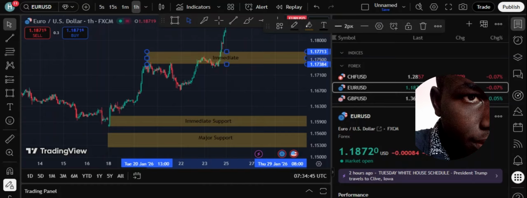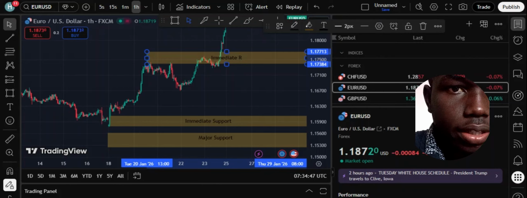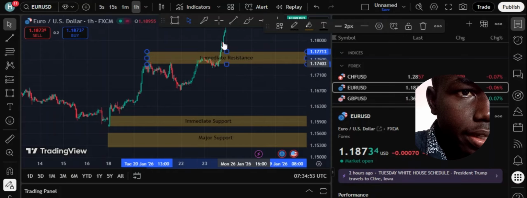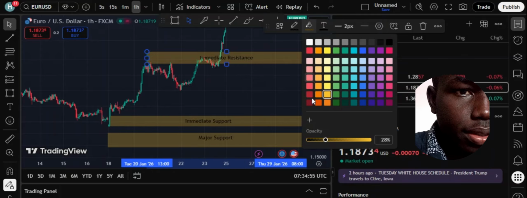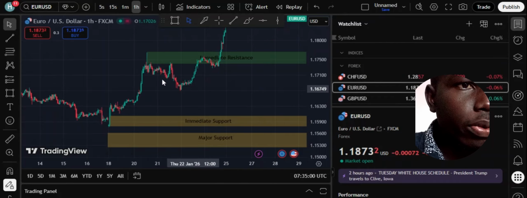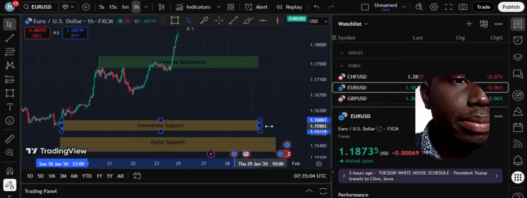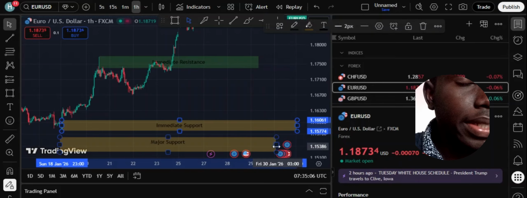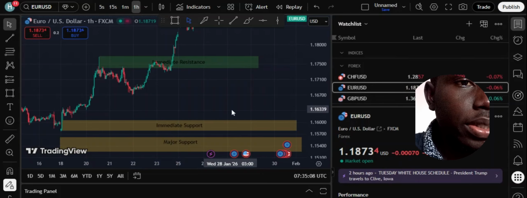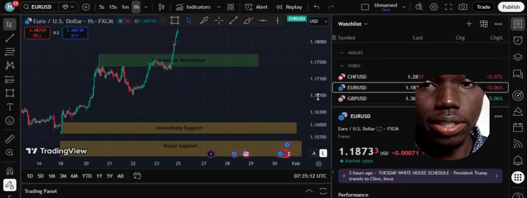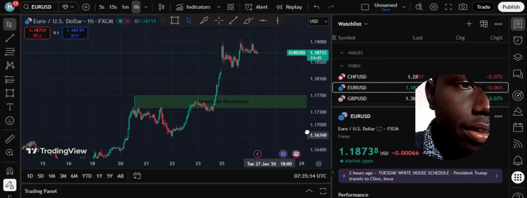Let's give it a different shade so that we get to see that. The market totally broke through the resistance. Whenever you're trading support and resistance, you have to look at the price action, how the market is moving during these levels.